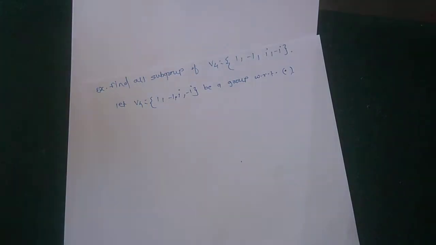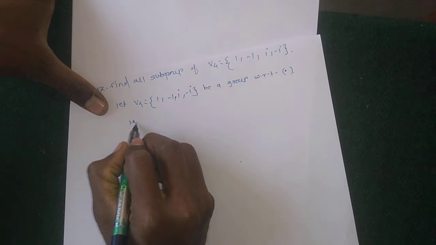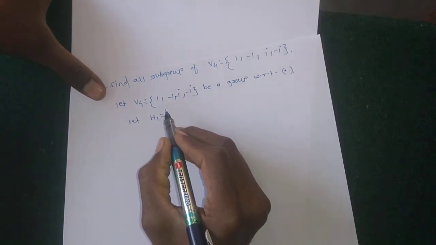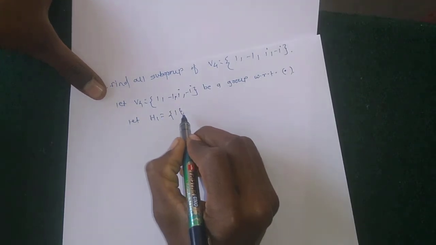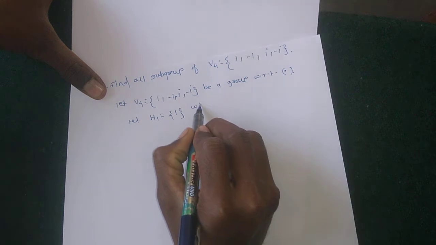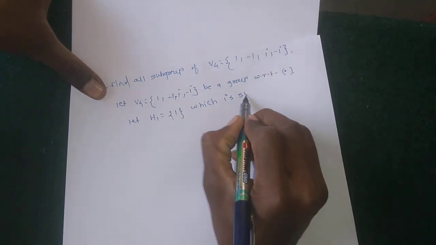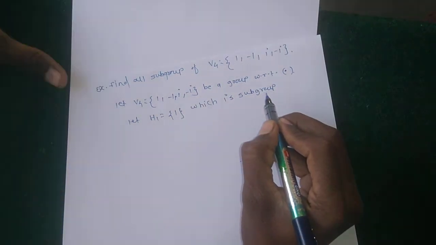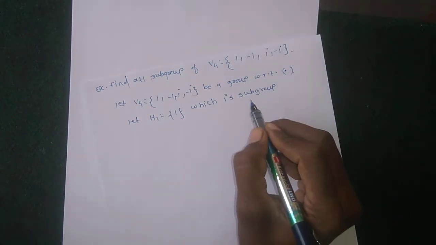Let the singleton set containing the identity, 1, be a subgroup. It is a subgroup because the identity element, and the group G itself, are subgroups of the given set.